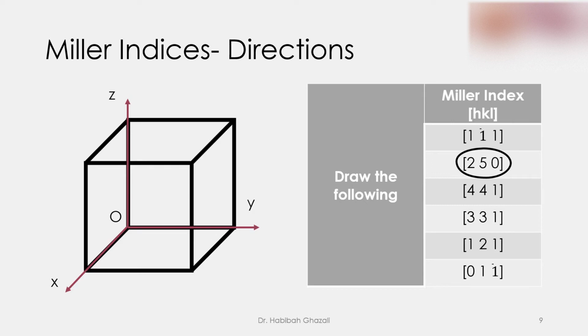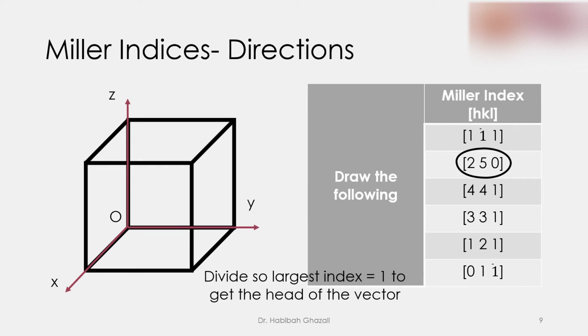I'm going to draw the Miller index 250, the direction of this in this unit cell. This is an example, and you can try all the other indices by yourself. The tail of this index will be at that 0, 0, 0 coordinate.